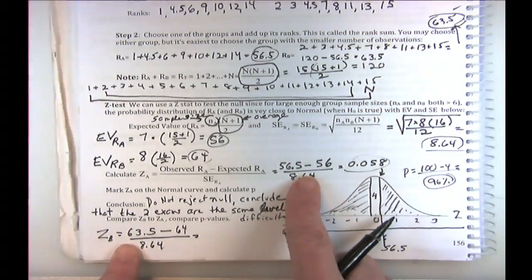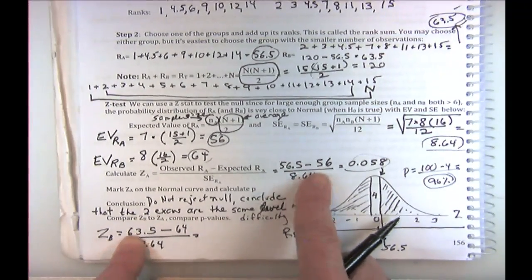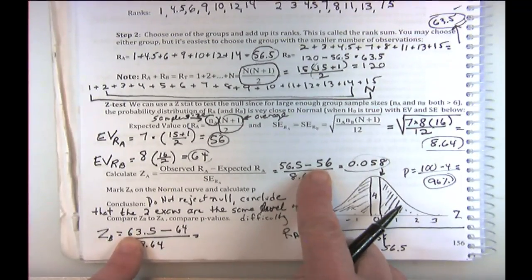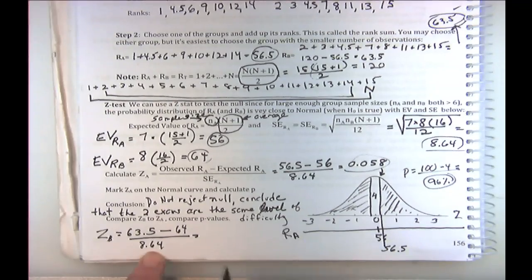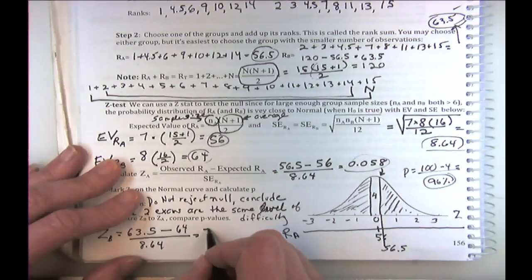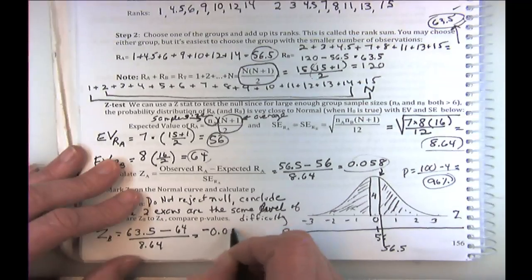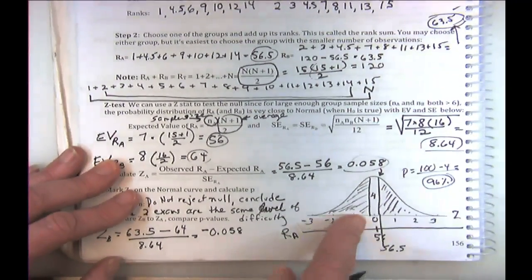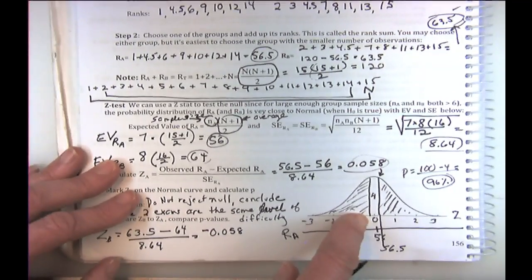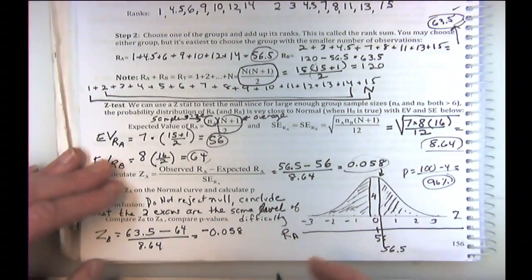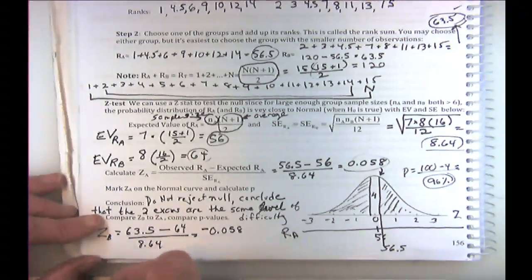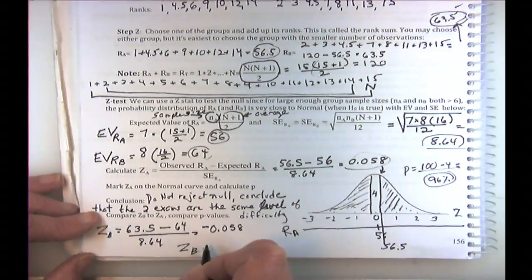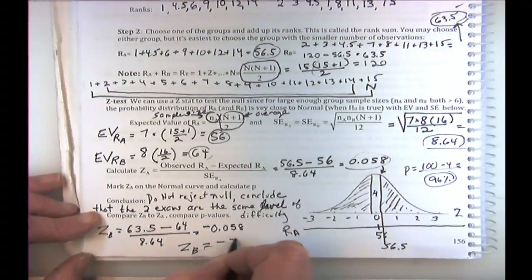Can you see that the numerator is just going to be in the other direction? Instead of positive 0.5, we'll have negative 0.5 over 8.64, so it's just going to be negative 0.058. We'd get the same p. So in general, they're always going to be opposites. ZB is always going to be the opposite of ZA.